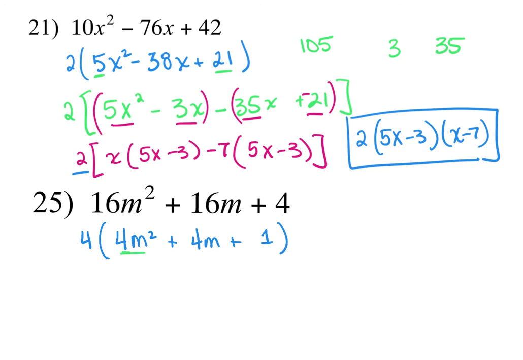So 4m squared is a perfect square. That's a square root of 2m. 1 is a perfect square. That's a square root of 1. If I multiply those two and double it, I get my middle term. This is a perfect square trinomial. Or you could have multiplied across and done it, but you would have seen that you're going to get 2m plus 1 quantity squared. 2m plus 1, 2m plus 1 is what you would get there.